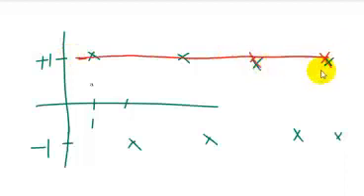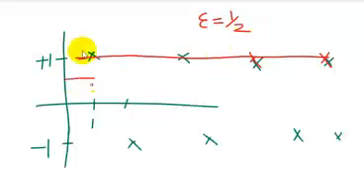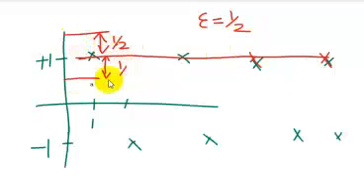If you choose epsilon something like 1/2 around this number, then the width of this ribbon is 1/2 above and 1/2 below, right? So the total width is 3 1/2s, right?